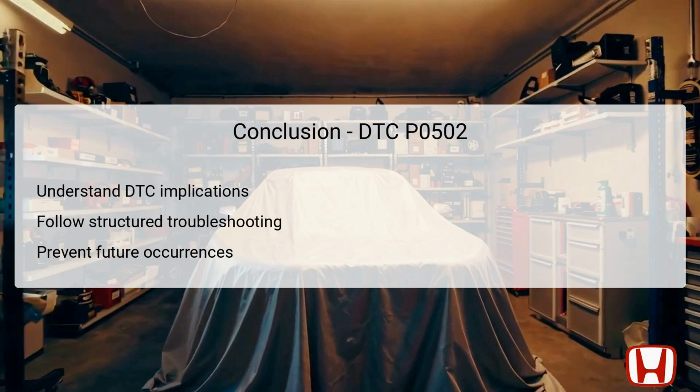In conclusion, understanding DTC P0502 is critical for addressing electrical issues within the CVT speed sensor circuit. By following the structured troubleshooting steps provided, vehicle technicians can effectively identify and repair underlying problems leading to this trouble code. A detailed understanding of possible causes, symptoms, and electrical testing methodologies paves the way for rapid issue resolution.